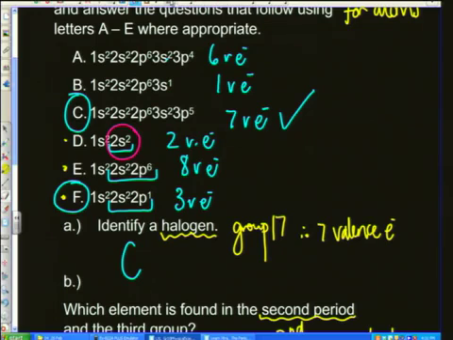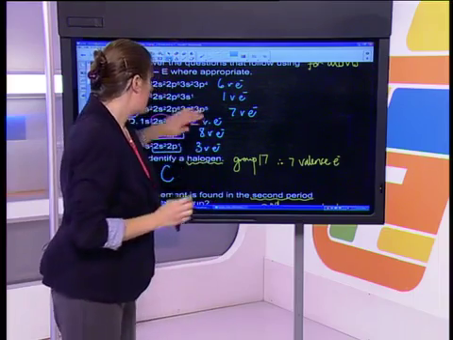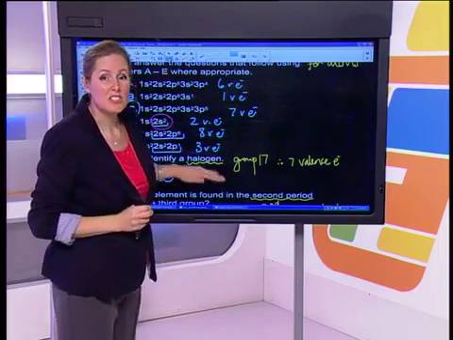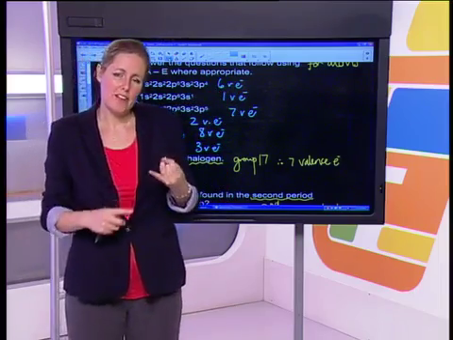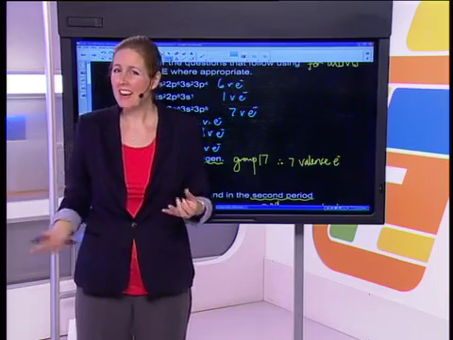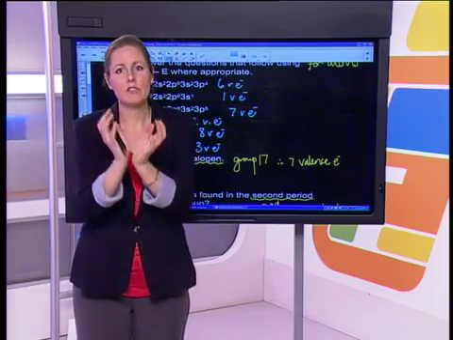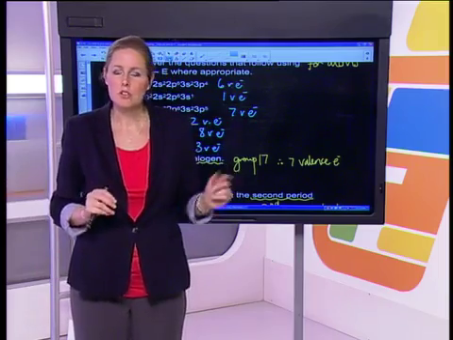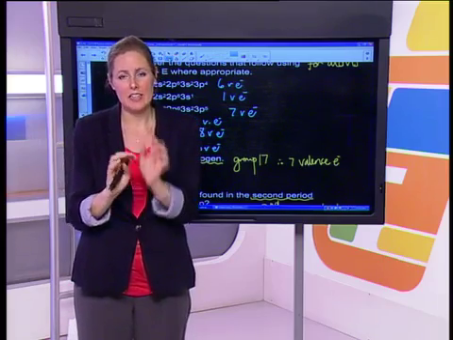Now, going back to these, it's helpful to recognize when things bond that they're going to want to have a filled outer energy level. So, which is the shortest route to get a filled outer energy level? Those that only have 1 valence electron or 2 valence electrons, they're going to have to gain, for 1, an extra 7 valence electrons to get a filled outer energy level. Or for 2, an extra 6 valence electrons to get to that filled outer energy level of 8.